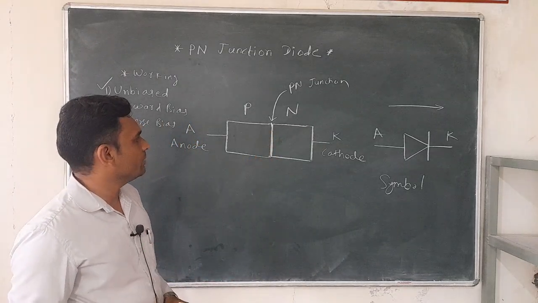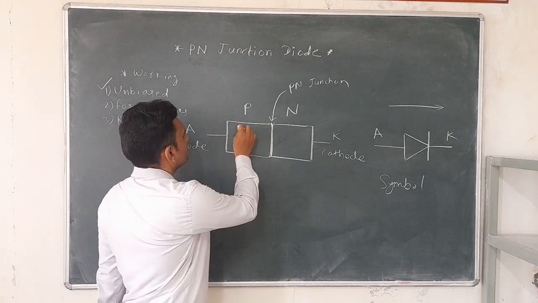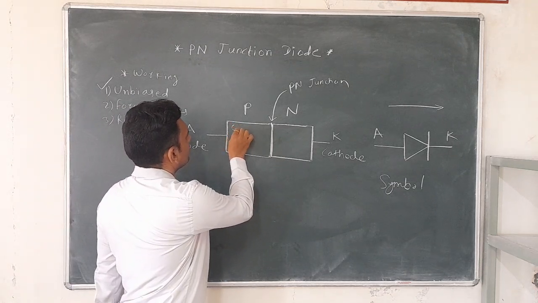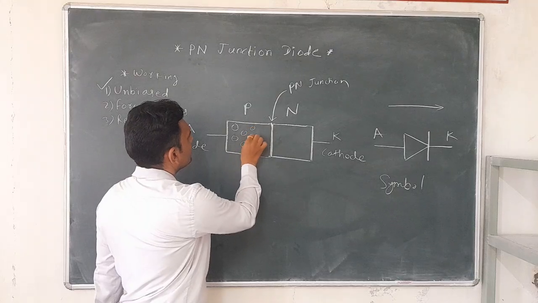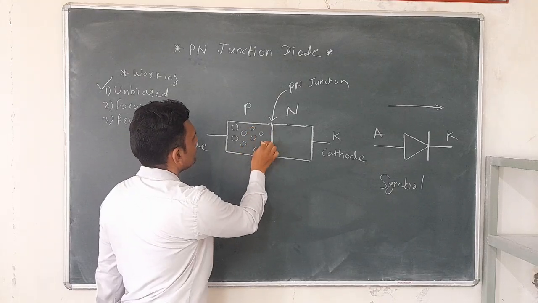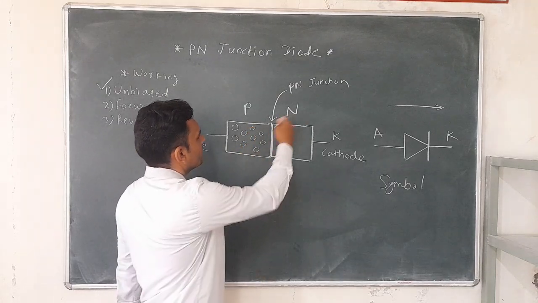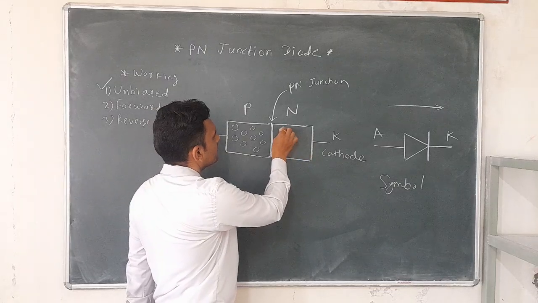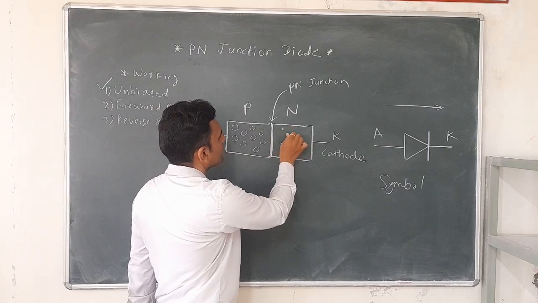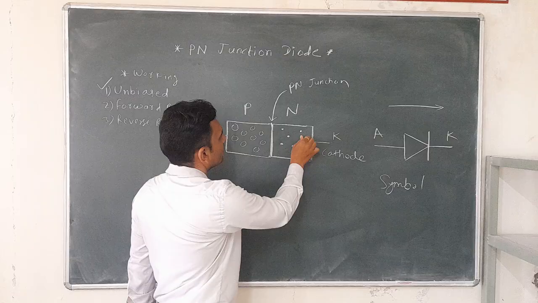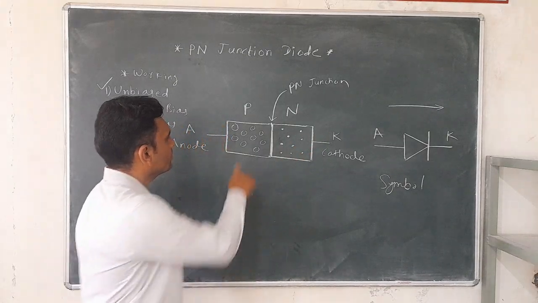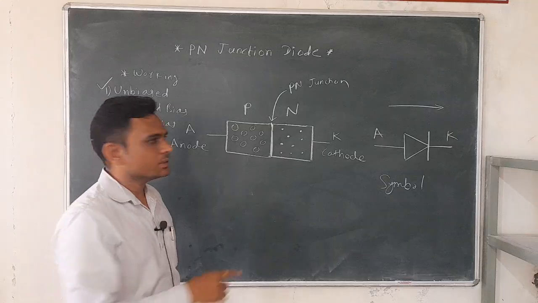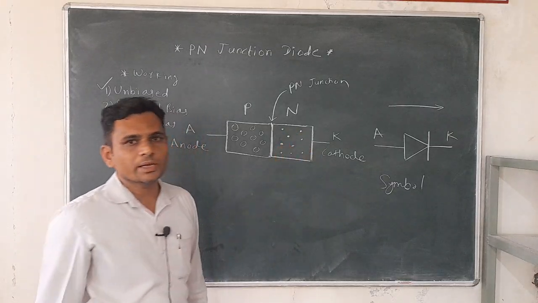We know how that depletion region is formed. We know in p-type semiconductor, holes are majority charge carriers, and in n-type semiconductor, electrons are majority charge carriers. Holes carry positive charge and electrons carry negative charge.